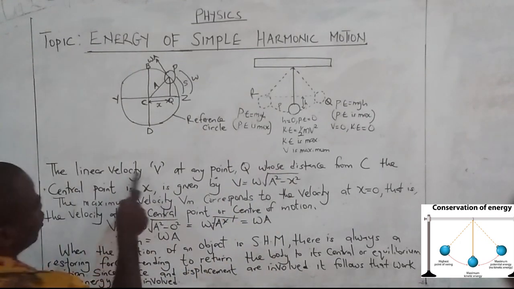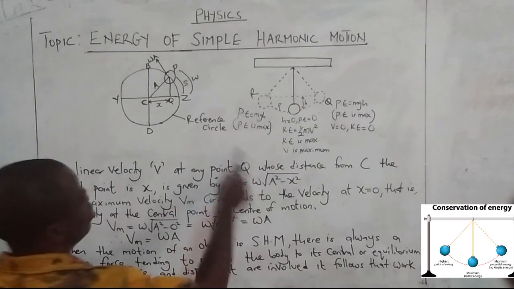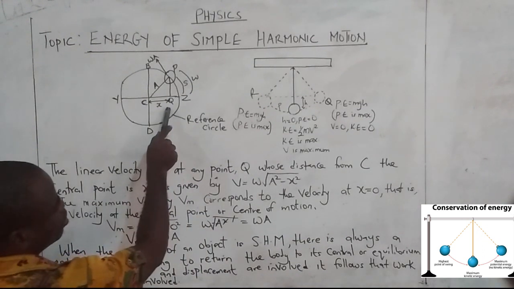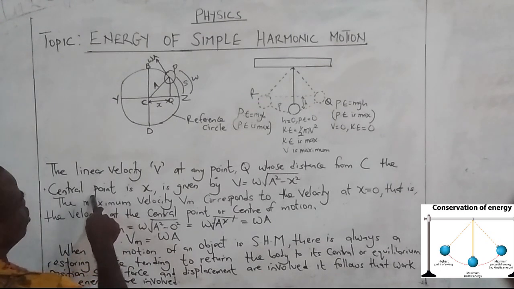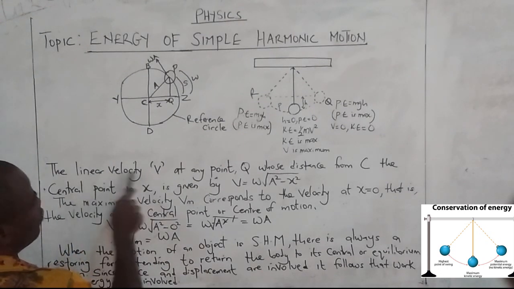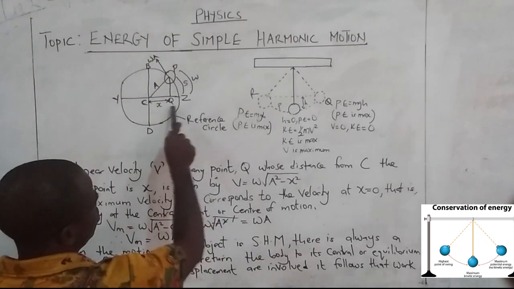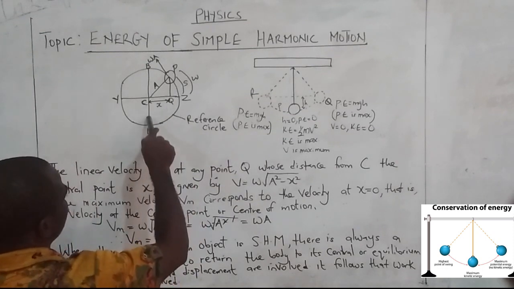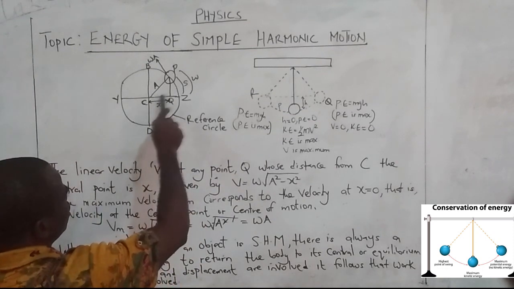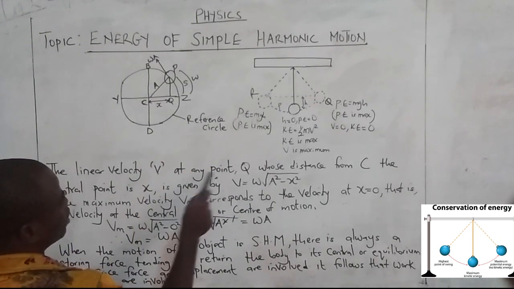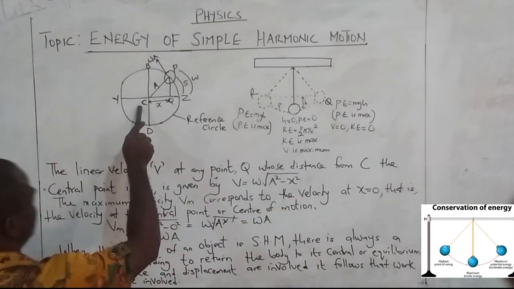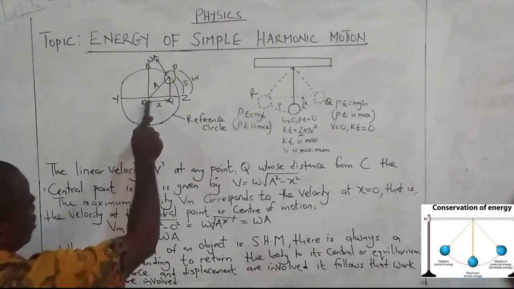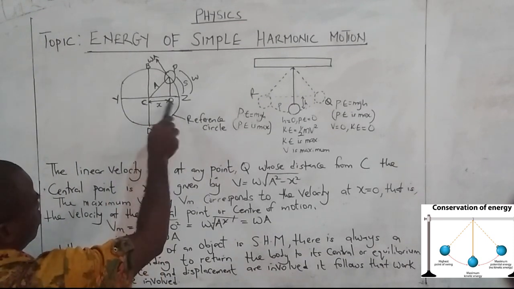Now let's see the linear velocity v at any point Q, whether it moves here, here, or here, at any point Q whose distance from C, the central point, is x.